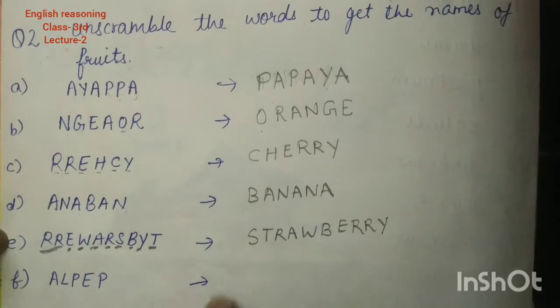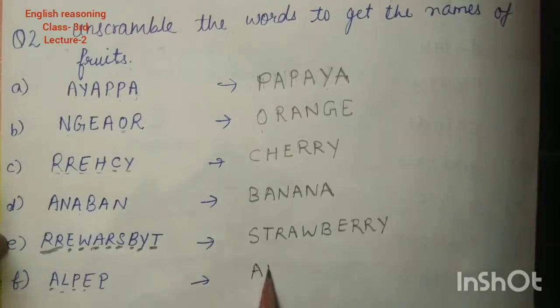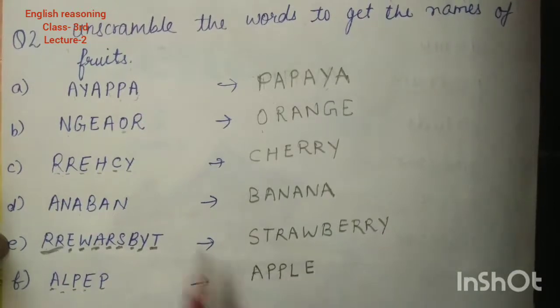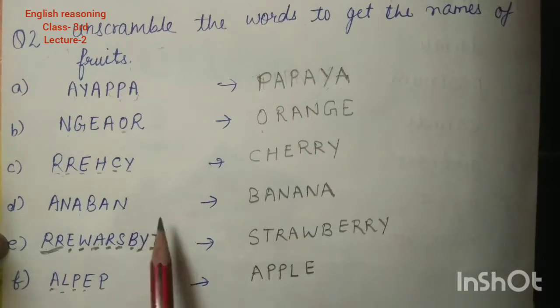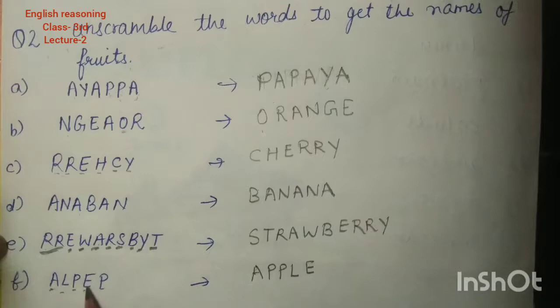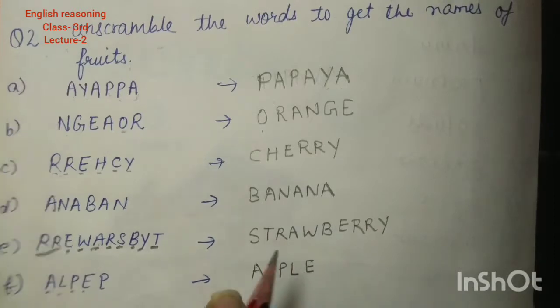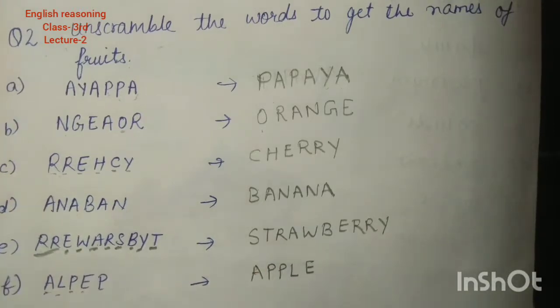Next is also very easy one. APPLE. So like this you have to find out. You have to use your mind to unscramble the words or to do the reasoning work, that how this word is made and how we have to solve it. I hope everybody has got it.